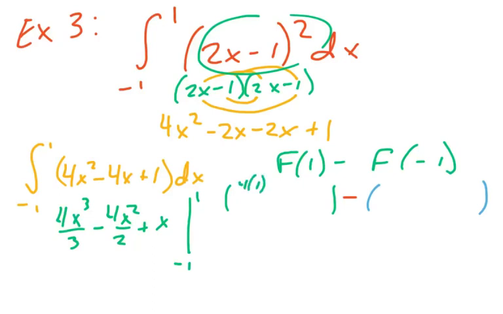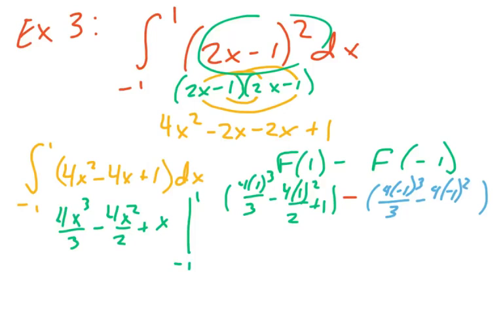So that's going to be 4 times 1 cubed over 3 minus 4 times 1 squared over 2 plus 1. And then on the right-hand side, I'm going to have 4 times -1 cubed over 3 minus 4 times -1 squared over 2 plus -1. Oh, that was a little messy.